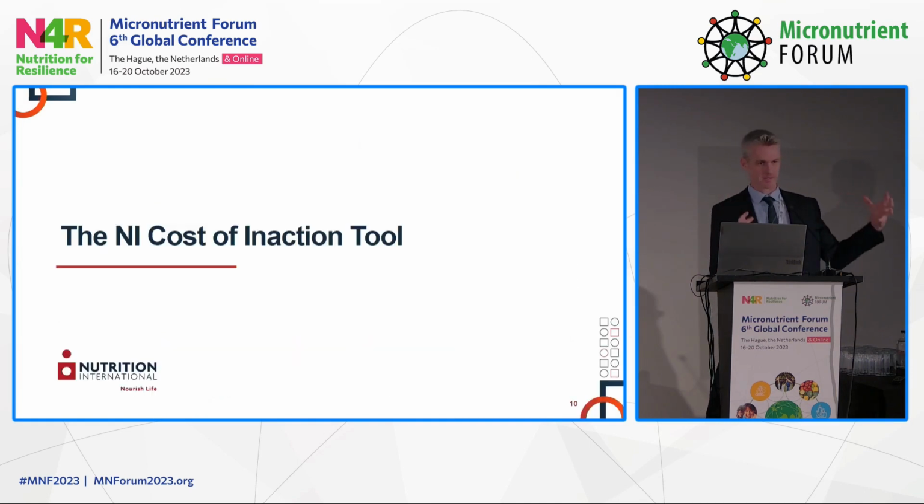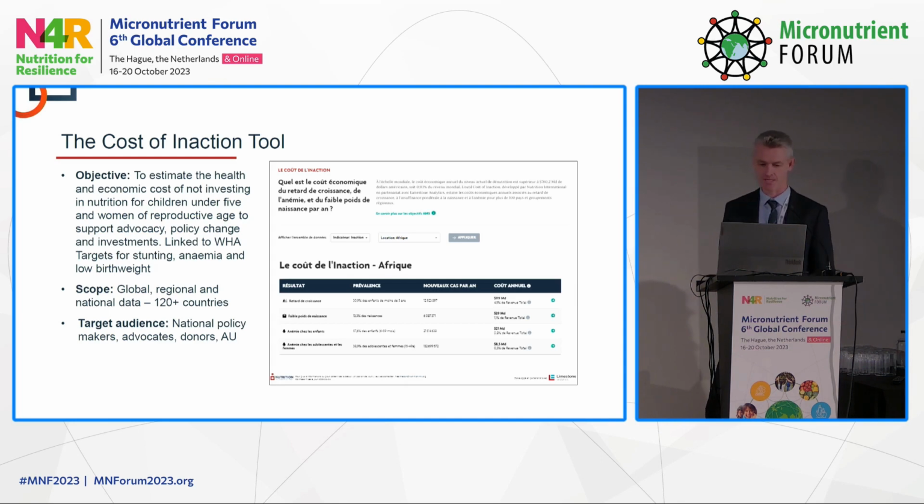So with the experience of these two tools in our background, we've tried to expand from a single intervention and a single area of interest like breastfeeding to the other areas where there remain gaps on the economics of malnutrition: stunting, low birth weight, and anemia in women, but also we've included anemia in children in this new cost of inaction tool.